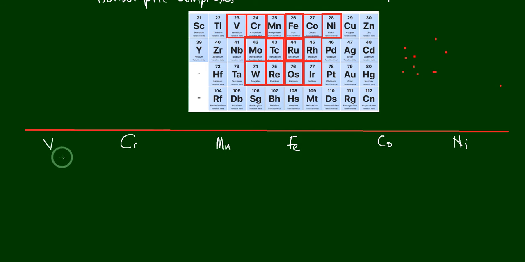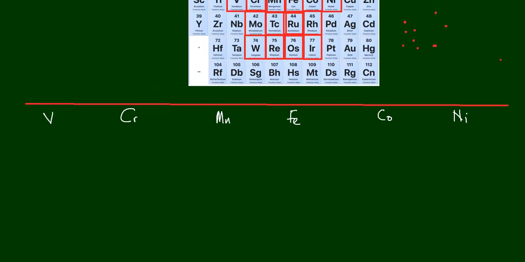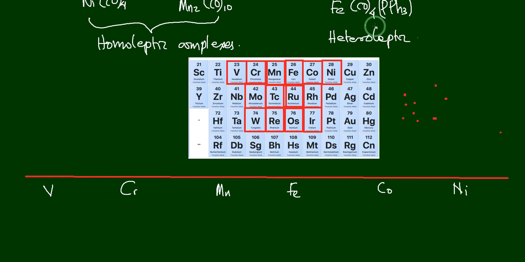These are the first row elements, and I will show which of these are going to give the mononuclear carbonyl complexes. Mononuclear carbonyls are given by metals with an even atomic number.